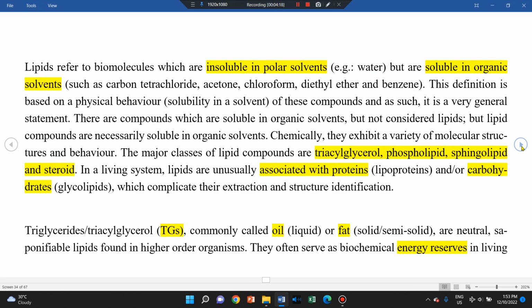And then this is the introduction or overview about lipid, perhaps already covered in the lipid lecture on macromolecules. So this is like a reinforcement or revision. Let me just go through it as fast as possible.